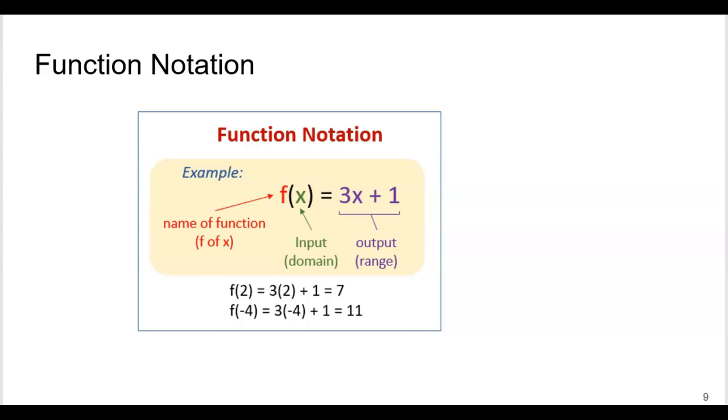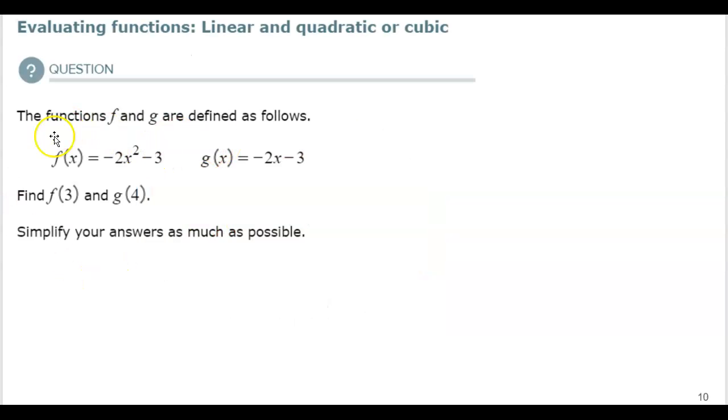When we see f of x equals something, f is just the name of the function. This tells us our input, and this tells us how we found our output, or the equation. So let's do f of 3 first.